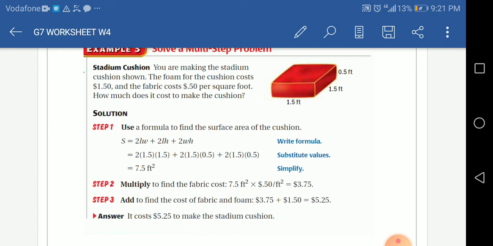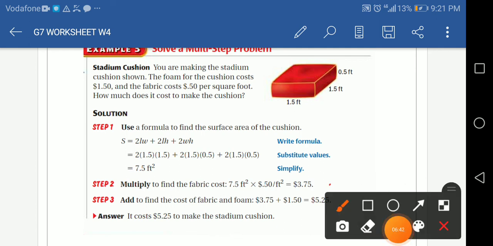It will give you 3.75. To find the fabric cost, we multiplied the surface area 7.5 times the cost of the fabric.